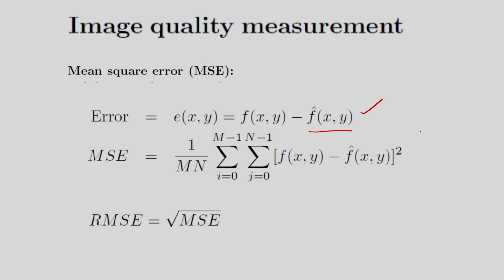The image size is M cross N, M number of rows and N number of columns. So, from this you can determine the mean square error between the input image and the reconstructed image. That is one measure for image quality measurement. And from the MSE you can determine the root mean square error.